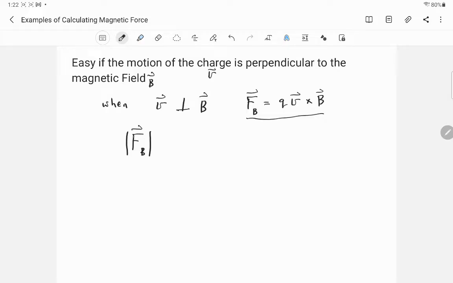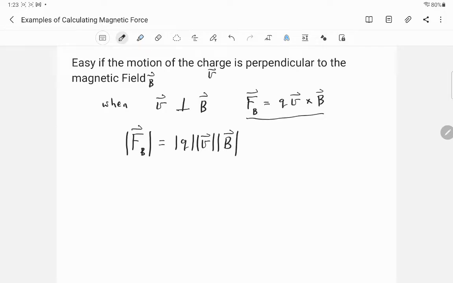sometimes you just care about the magnitude. So the magnitude of the force vector, that's just the strength of the magnetic force. I'm not worried about the direction of it right now, but it's just going to be equal to the magnitude of the charge times the magnitude of the velocity, right? That's the speed, times the strength of the magnetic field where the charge is.